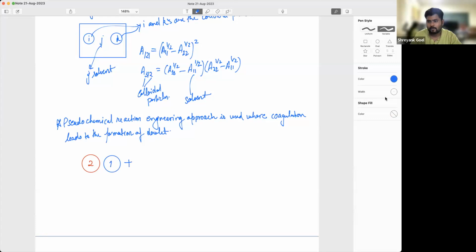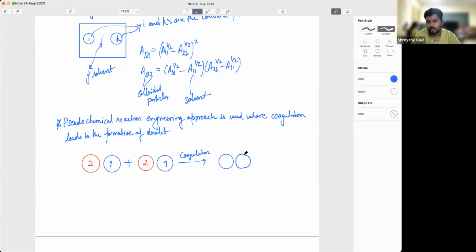Similarly, we have another set of 2, and then we have 1, and so there is a correlation due to which there is a doublet formation.